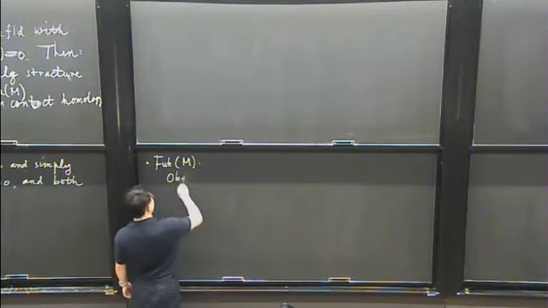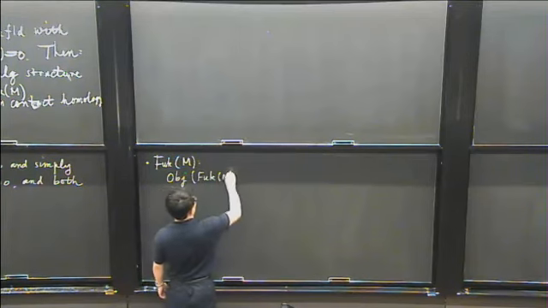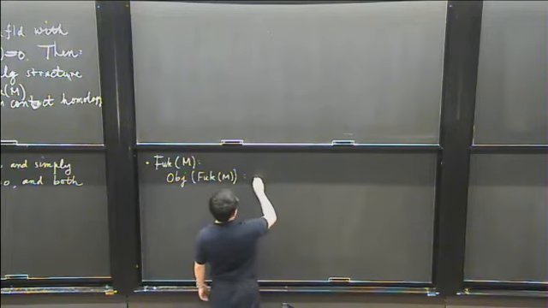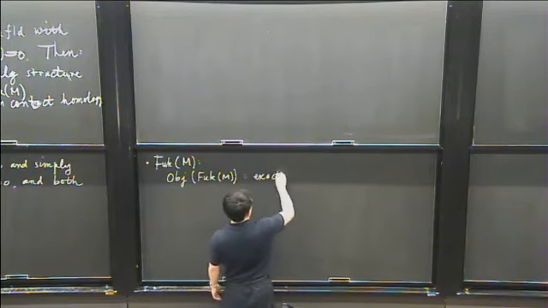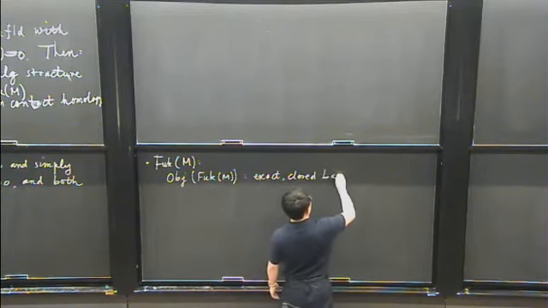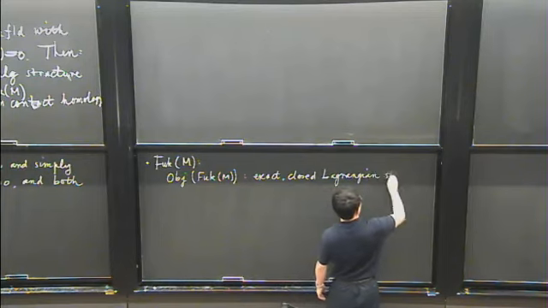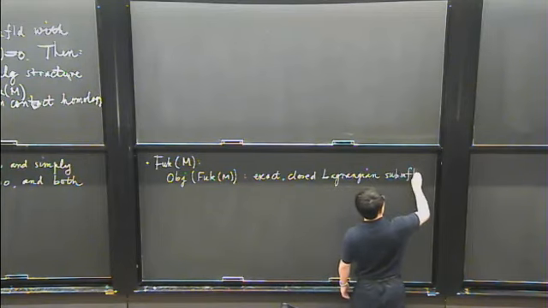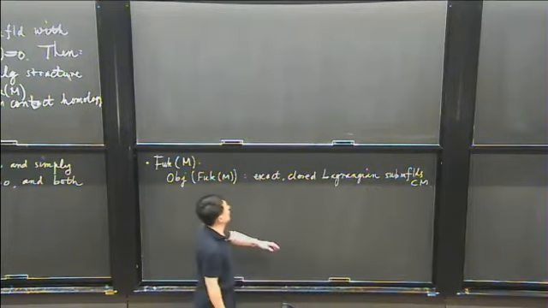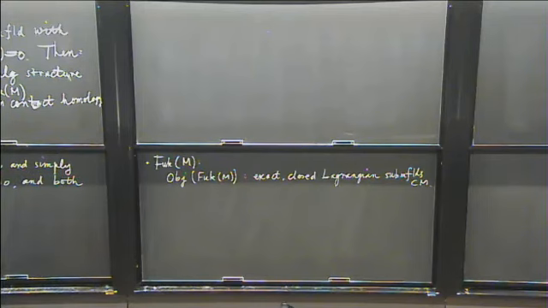The objects of the Fukaya category of M are exact closed Lagrangian submanifolds in M. Here we assume that the symplectic manifold is already exact.